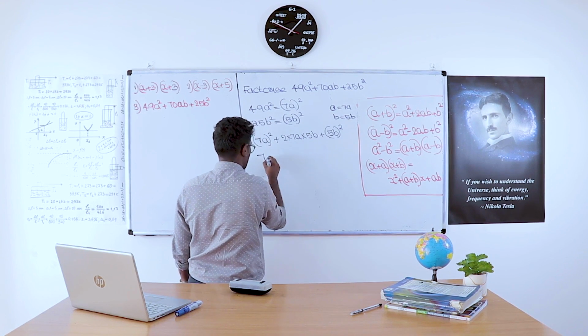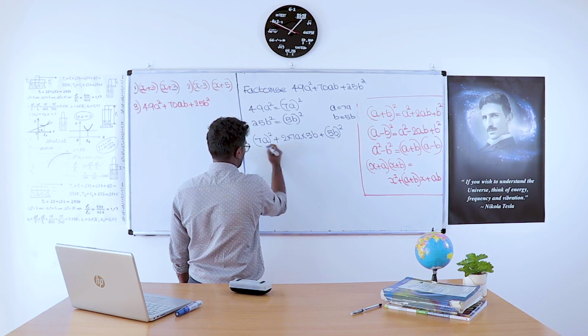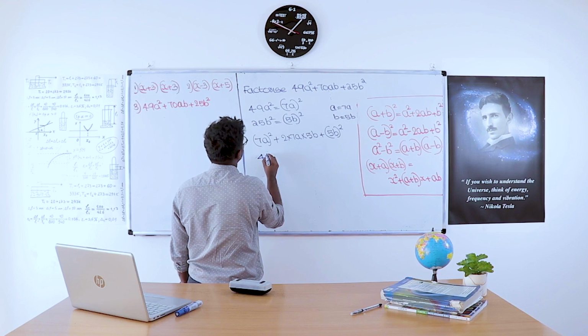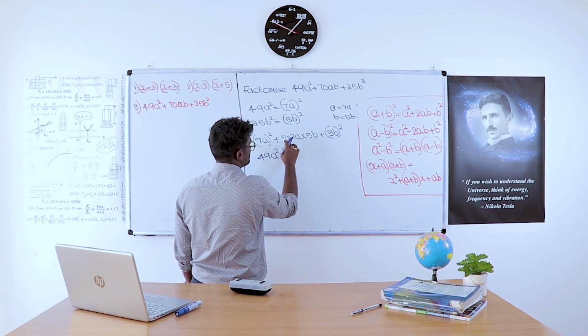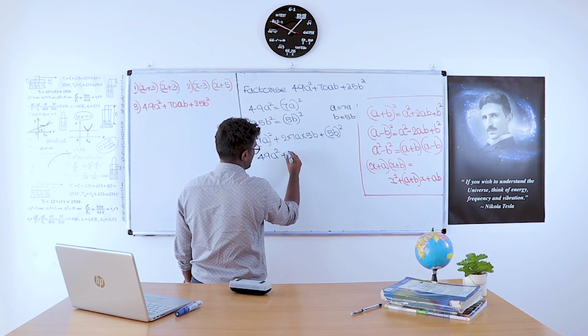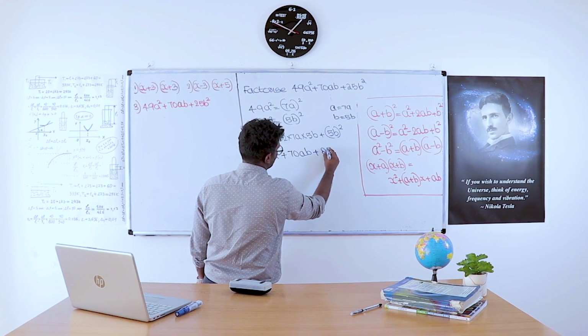That is 49a square plus 2 into 7, 14 into 5, 70ab plus 25b square.